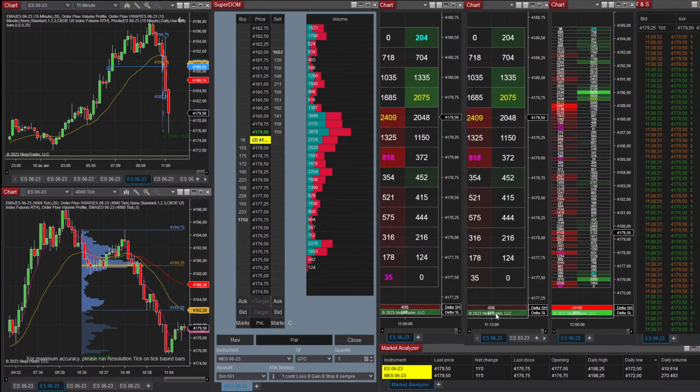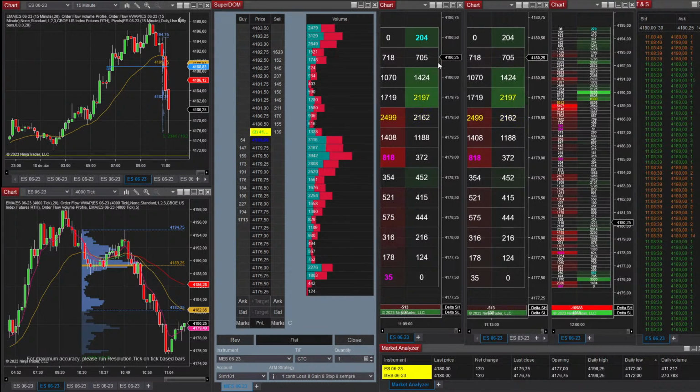Let's see. We're seeing all the activity here, both sides trading, both sides trading lots of contracts.